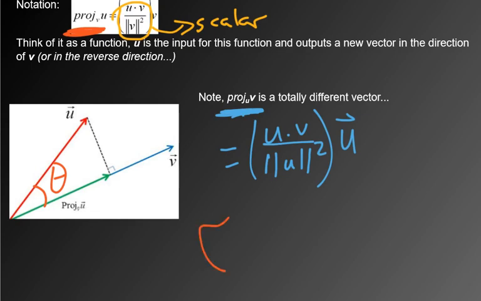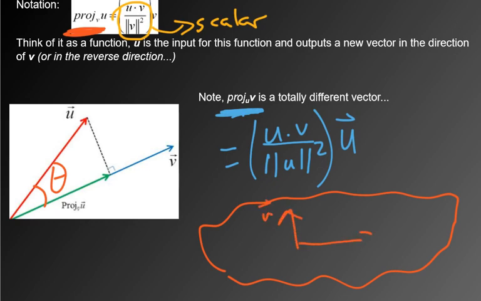Let's do this like here. If you have a vector u and a vector v, and that was 90 degrees, and you project u onto v, you're going to lose all of that vector. It basically gets squished down just to that point right there. So this would be equal to just the 0 vector.